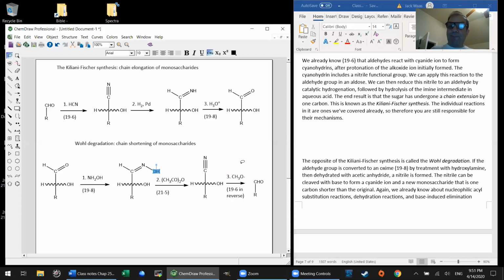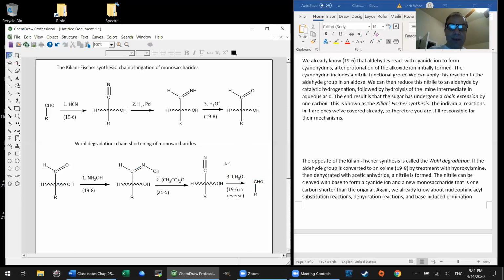So again, be prepared for this to be given to you every which way. Owl will be owl, as we're all fond of saying by now. Anyway, this goes by the exact same mechanism of going from the aldehyde to the cyanohydrin, but in reverse. We just run it backwards. And you will wind up with an aldehyde molecule that's 1 carbon shorter than what we started with.